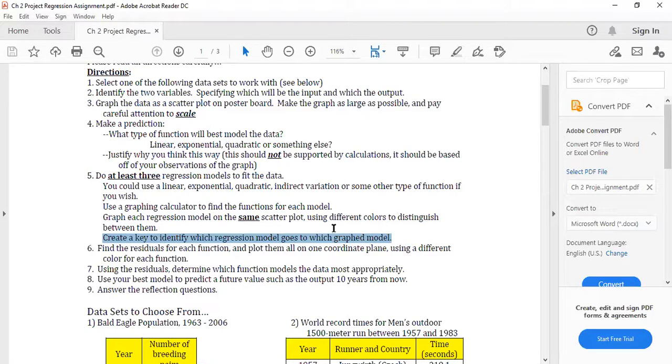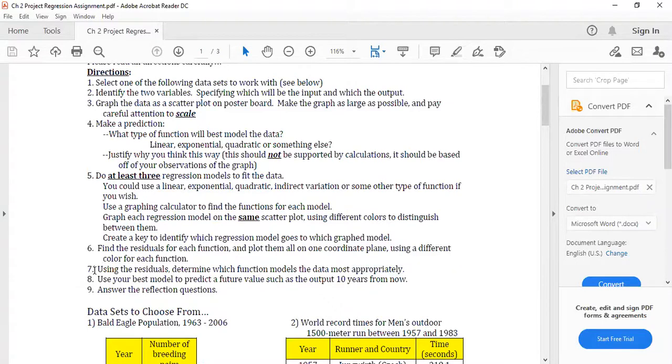Because I say use different colors, and I need you to tell me which one each color represents, what kind of function, which regression. And then find the residuals for each function, aka find r squared, and plot them all on one coordinate plane using a different color for each function. Using the residuals, determine which function models the data most appropriately.